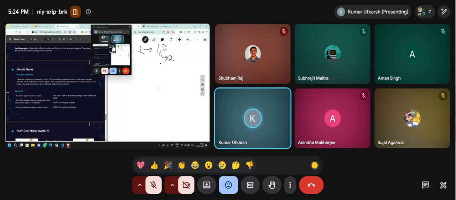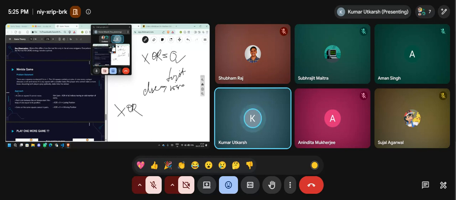So for each pile, we see how many heap sizes there are. We already know the XOR of the heaps: XOR of the heaps equal to zero is when the second person wins, else the first person wins, right? So we take XOR.